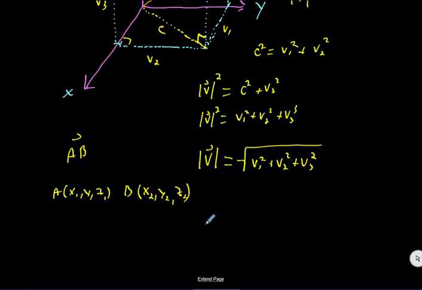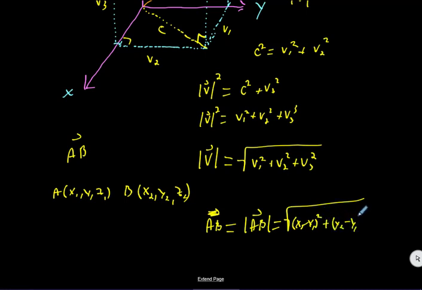The distance of segment AB, if we just think of it as a segment, is the magnitude of AB, and that's going to be the square root of x2 minus x1 squared plus y2 minus y1 squared, plus z2 minus z1 squared. And that gives us the distance.